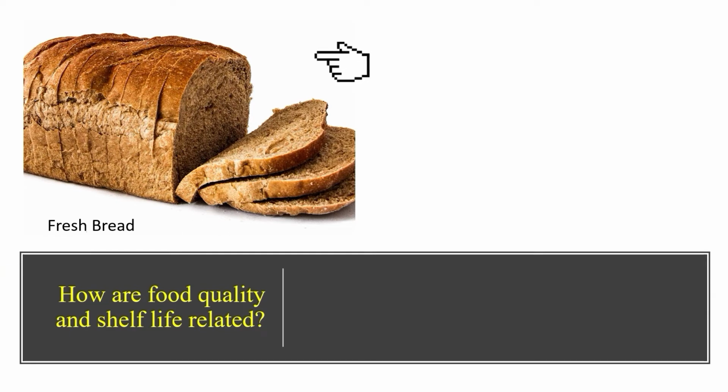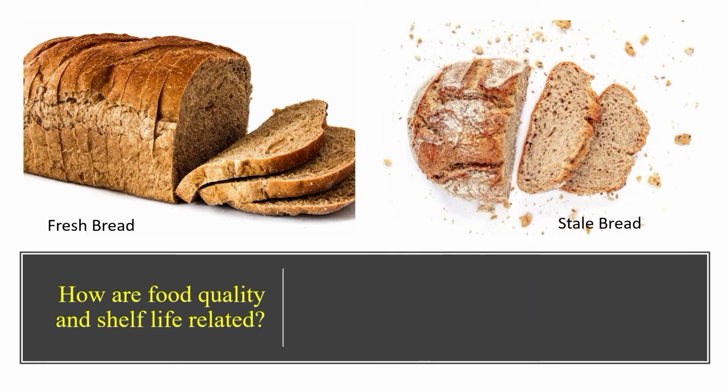In the top left corner, we have a fresh bread. Then, in the top right corner, we have a stale bread with lots of debris on the table. Then, I would like to ask you a question. Is it safe to consume the stale bread? The answer is yes.